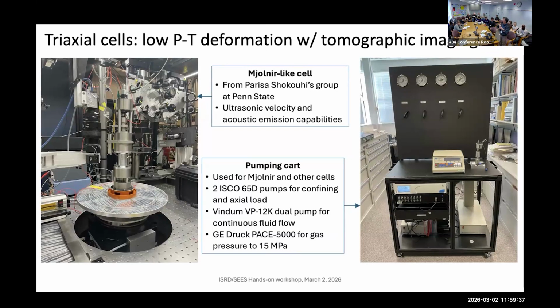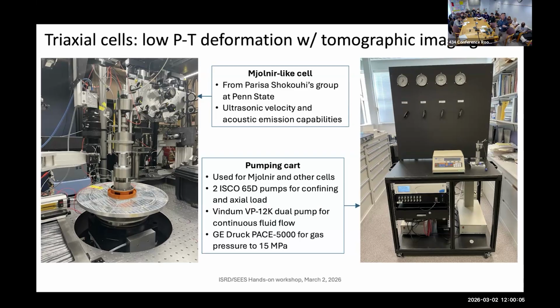Finally, Lou and Andy showed some science images about triaxial deformation. You deform the sample triaxially, then you can conduct tomography imaging and look at how the crack is developing, how the microstructure is changing. This is one of the apparatuses that we have developed. There are a couple of apparatuses that have been used at beamlines.